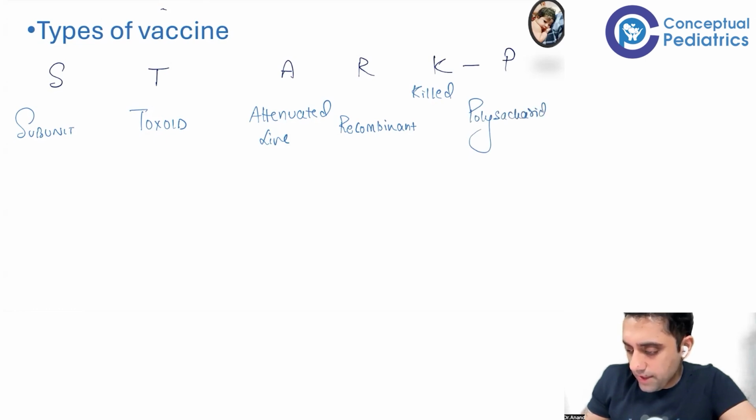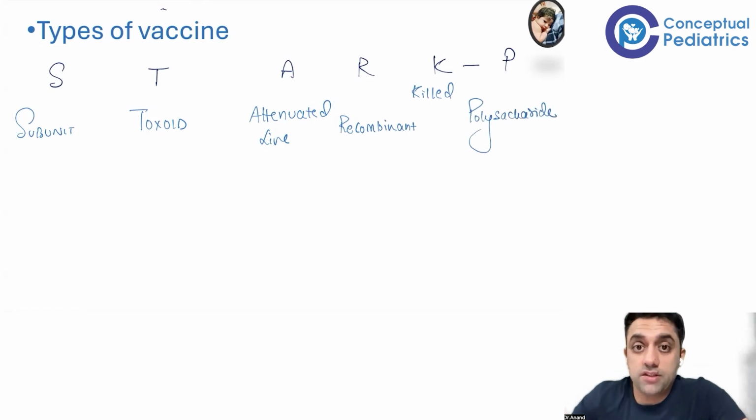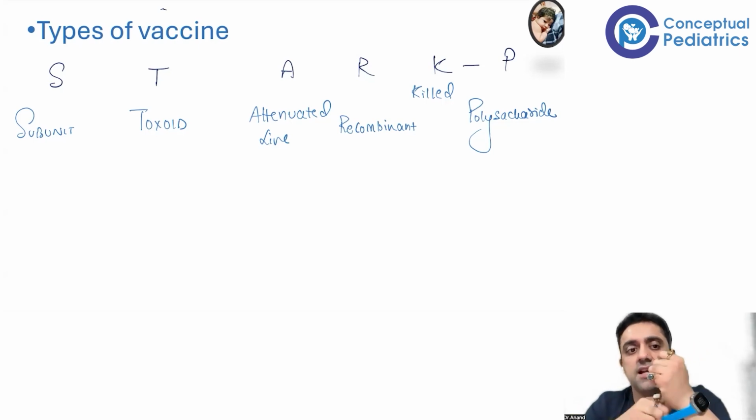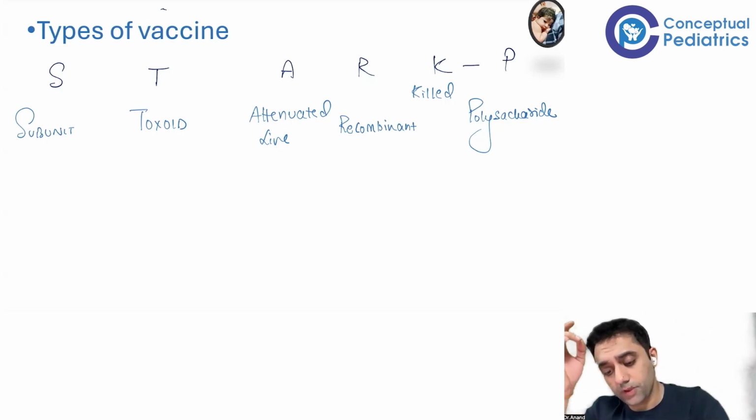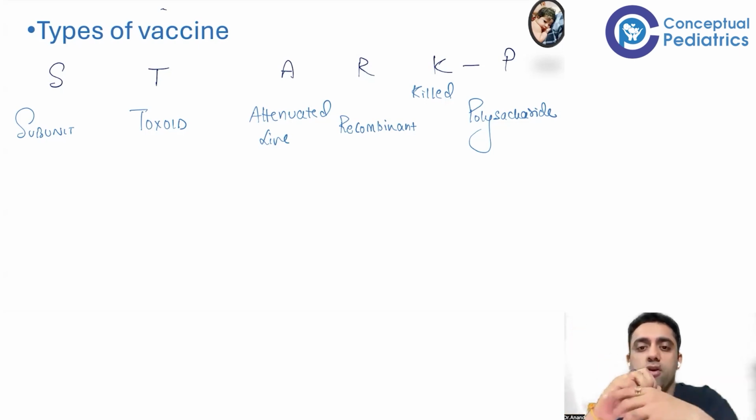This is a very important mnemonic. If you have seen Game of Thrones, they had the Stark family, known as Stark P. Simple, to the point. You should know that. Number one.